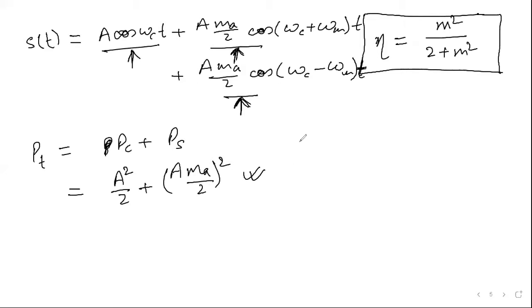So the total power PT is nothing but A square by 2. If we take it as common, then it will be 1 plus ma square by 2. We have already seen this.